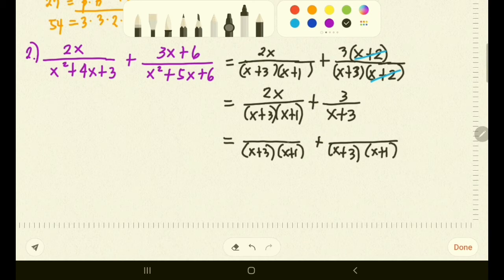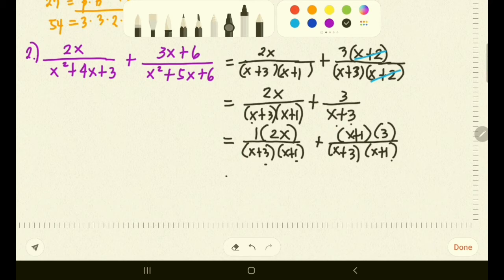And then afterwards, you divide the LCD by the existing denominator. So x plus 3 times the quantity of x plus 1 divided by this, that is 1, and then times 2x, the existing numerator. The same thing, LCD divided by this denominator x plus 3. The common is x plus 3, so cancel out the x plus 3. So the remaining is x plus 1, and then multiplied by 3.